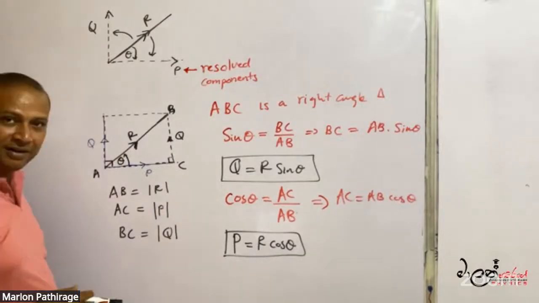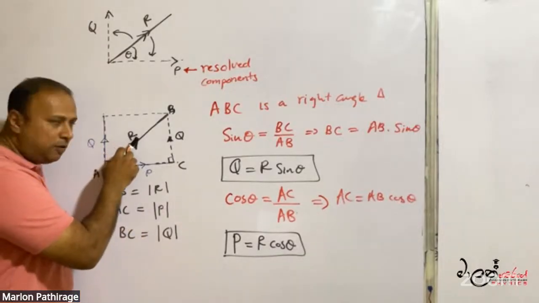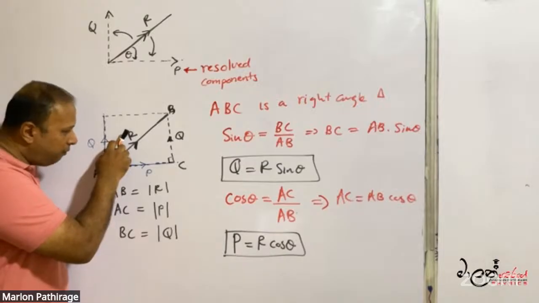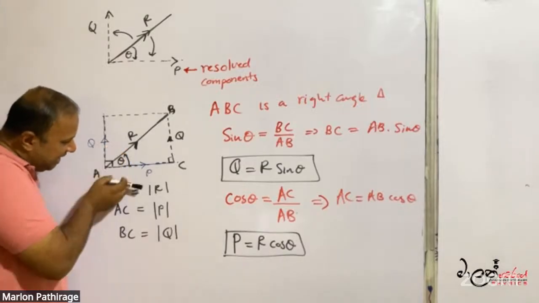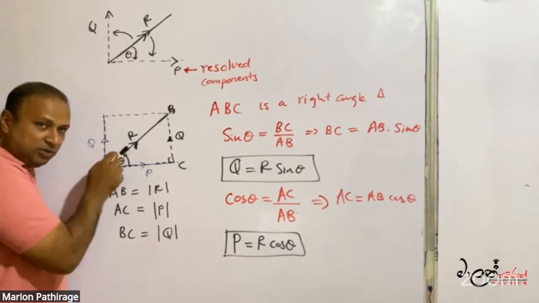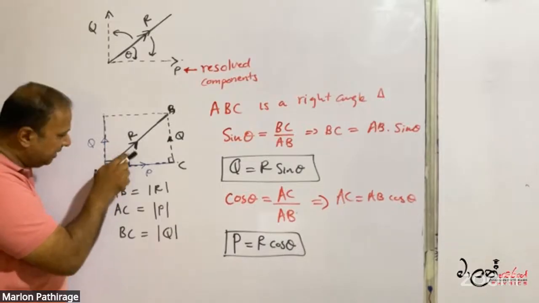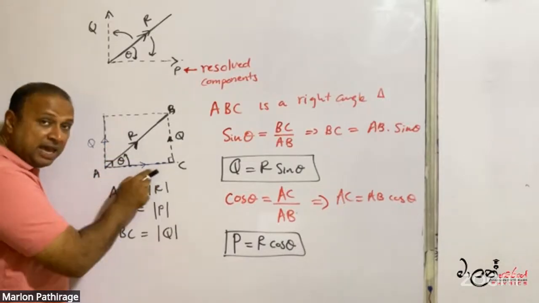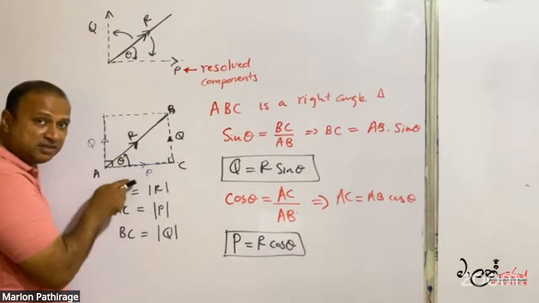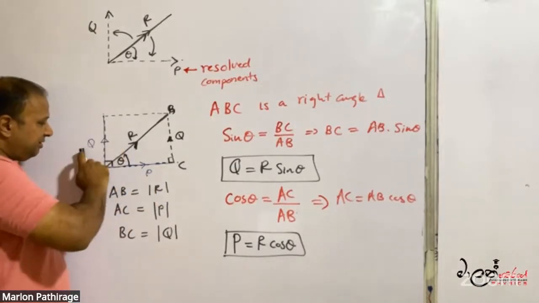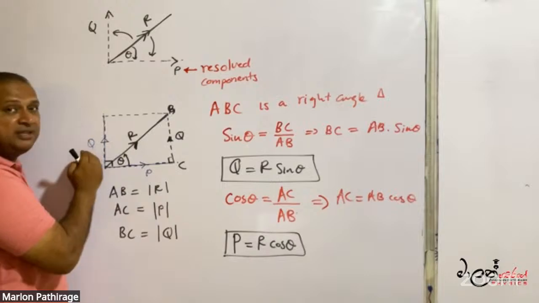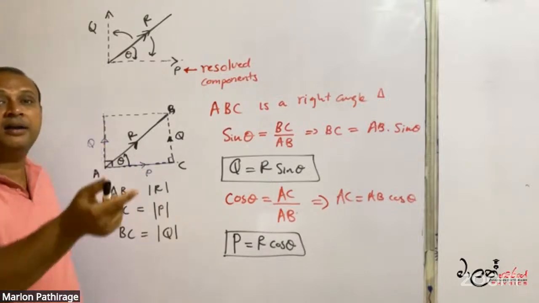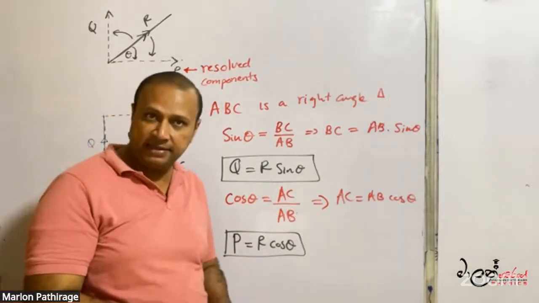Look at this one. That means if you resolve this component, the adjacent side to this angle is equal to r into cos theta, and this is the opposite side. Opposite side is equal to r sin theta.